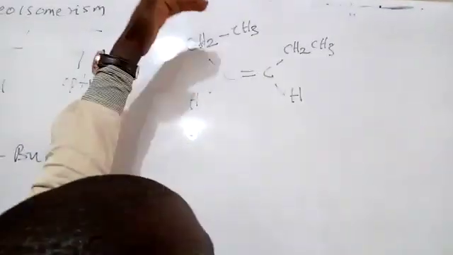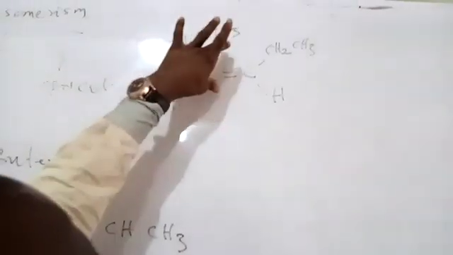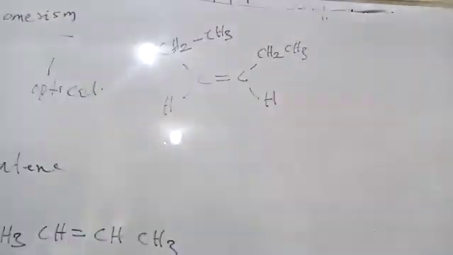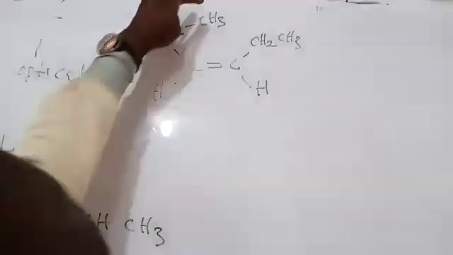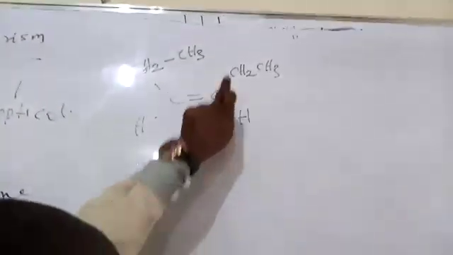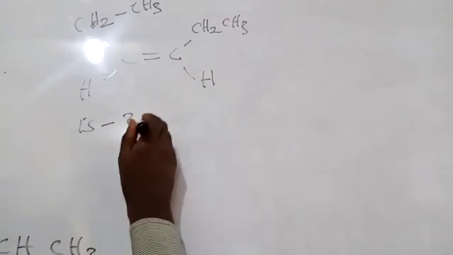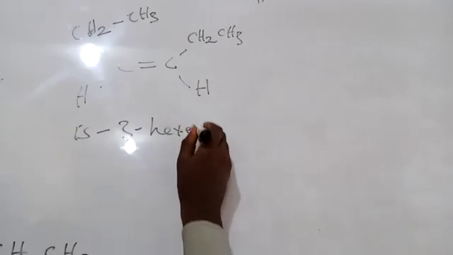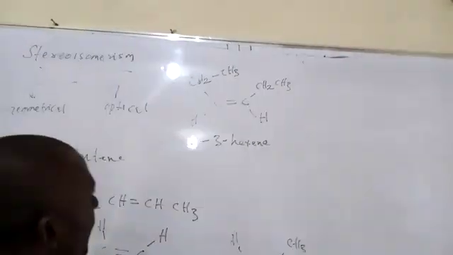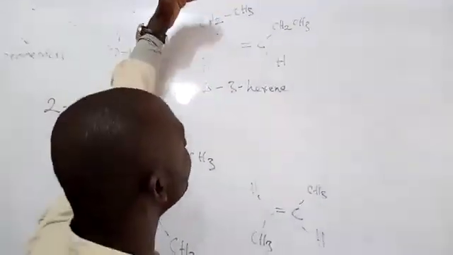And since they are on the same side, the two ethyl groups are up, we say this is cis isomer. Counting 1, 2, 3, 4, 5, 6, we call this cis-3-hexene. It is cis because the larger groups are on the same side.